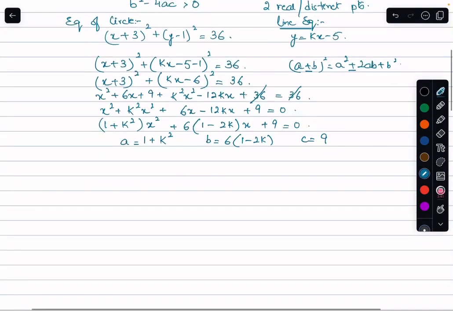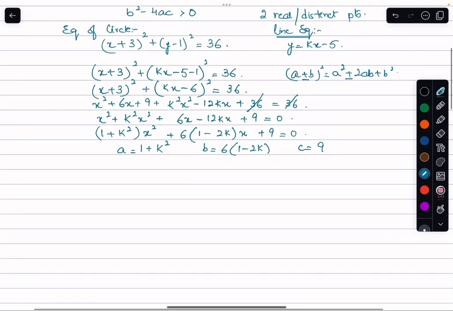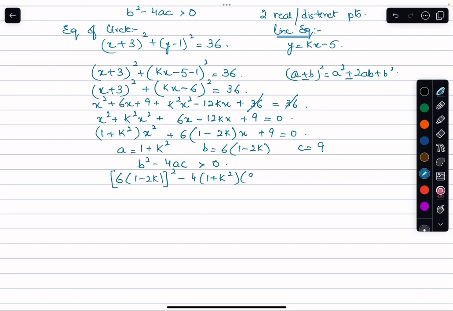So applying the discriminant condition, I should say that b² − 4ac will be greater than 0. So that gives me [6(1 − 2k)]² − 4 times (1 + k²) times 9, and this needs to be greater than 0.